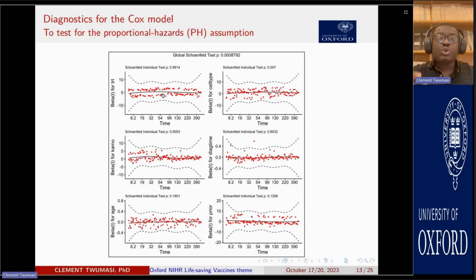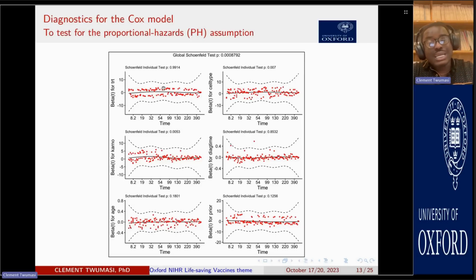But after doing that, you have to test the model assumptions. There are many assumptions, but the most important one that you really need to satisfy is the proportional hazards assumption. In R, we have some specific proportional hazards tests, but there's a nice graphical thing you can do using the Schoenfeld test, which is just a plot.